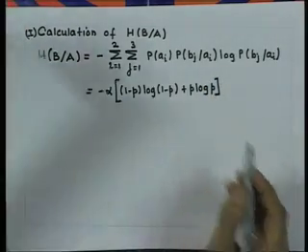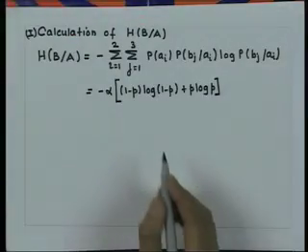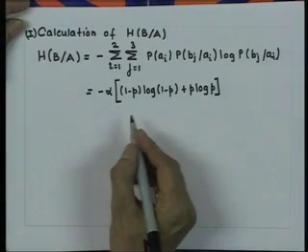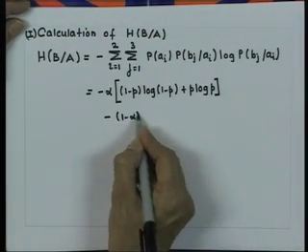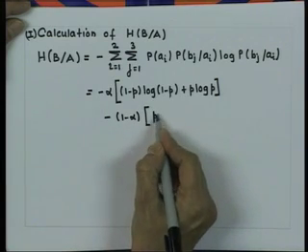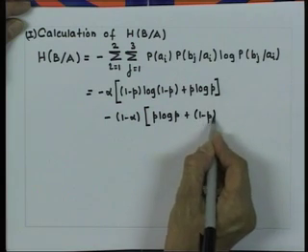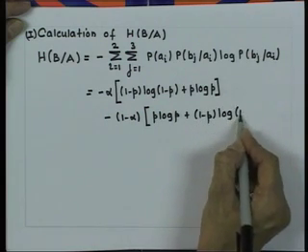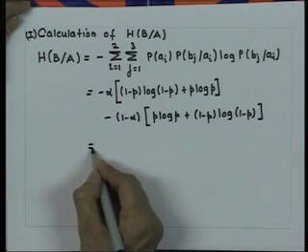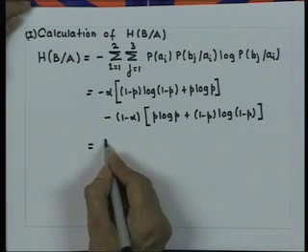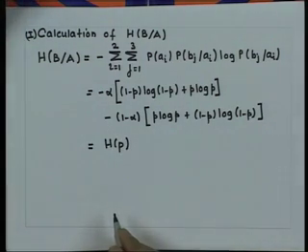This quantity corresponds to the first row of the channel matrix. Minus 1 minus alpha times [P log P plus 1 minus P log 1 minus P], and this can be simplified as H(P).